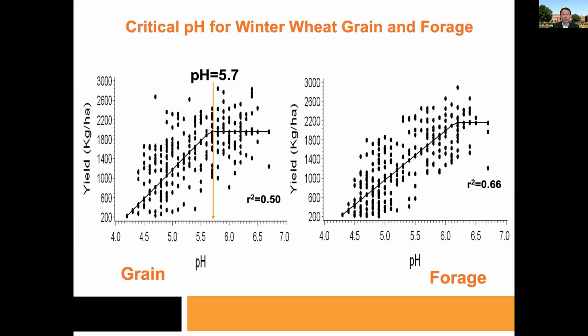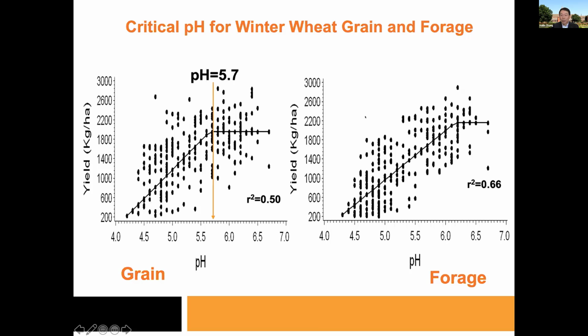So traditionally, we think pH 5.5 is probably an optimum pH for wheat. Wheat is a pretty tough crop compared to some others. However, we found that at a pH probably even a little bit higher than that, you still get a yield increase, like 5.7, okay?